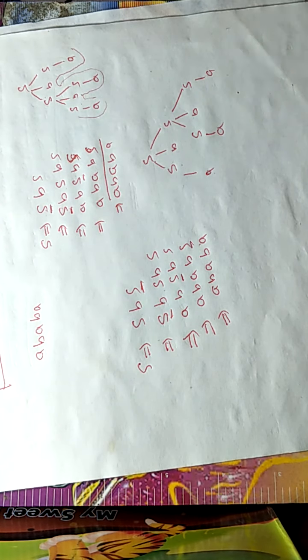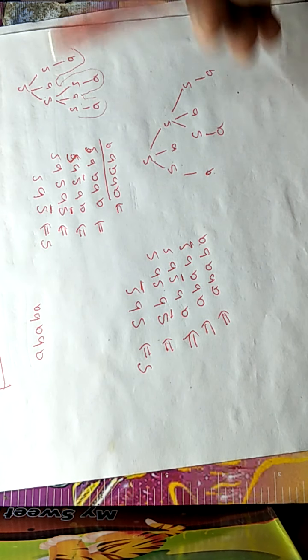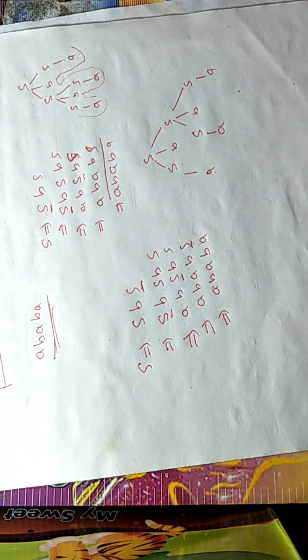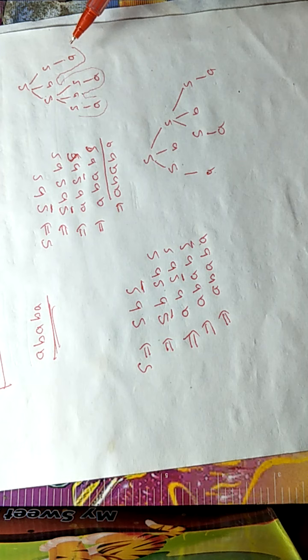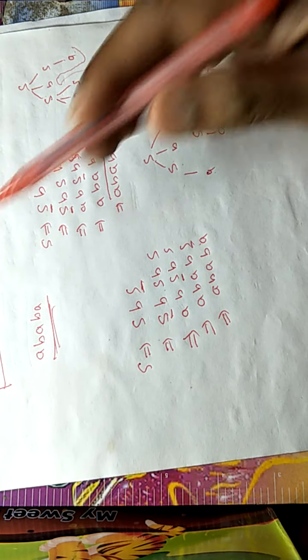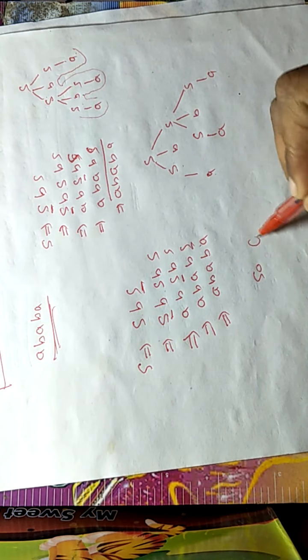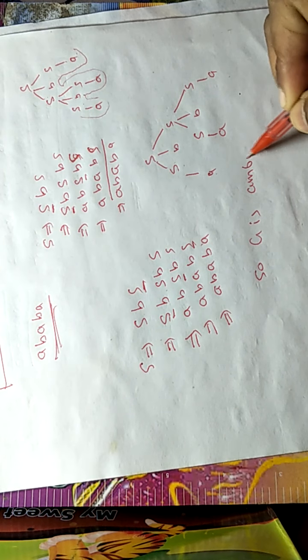So from this grammar we have found a string ABA that can be derived by more than one derivation that has a different parse tree. So this grammar G is ambiguous.